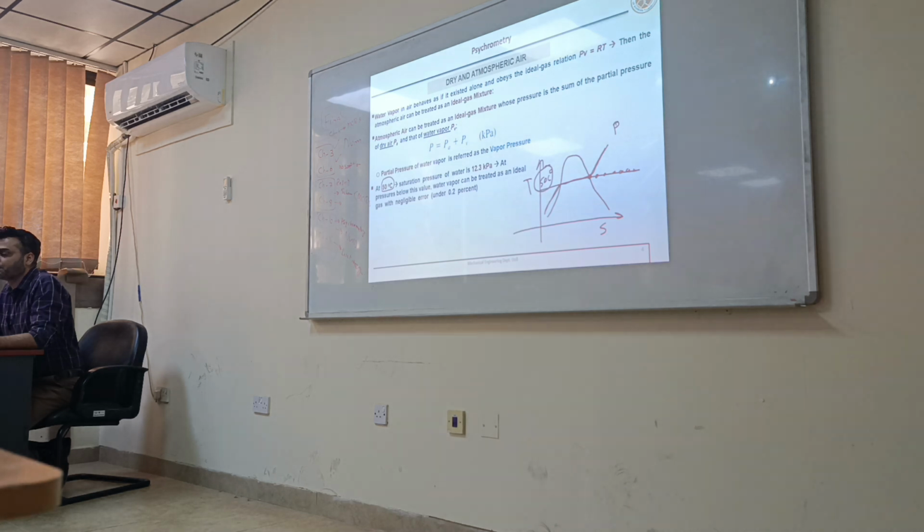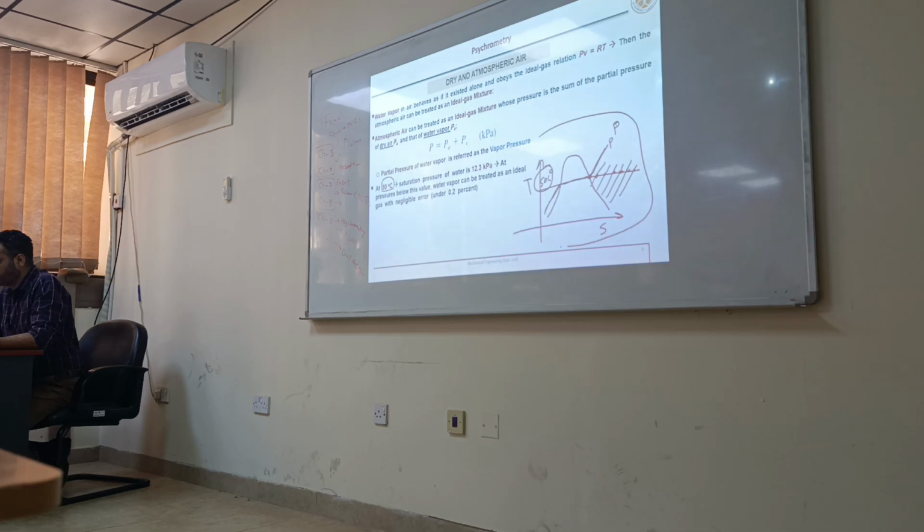These are the possibilities for water to be a gas at 50 degrees Celsius. And what are these pressures? I am showing only water here. This diagram I have shown only for water.